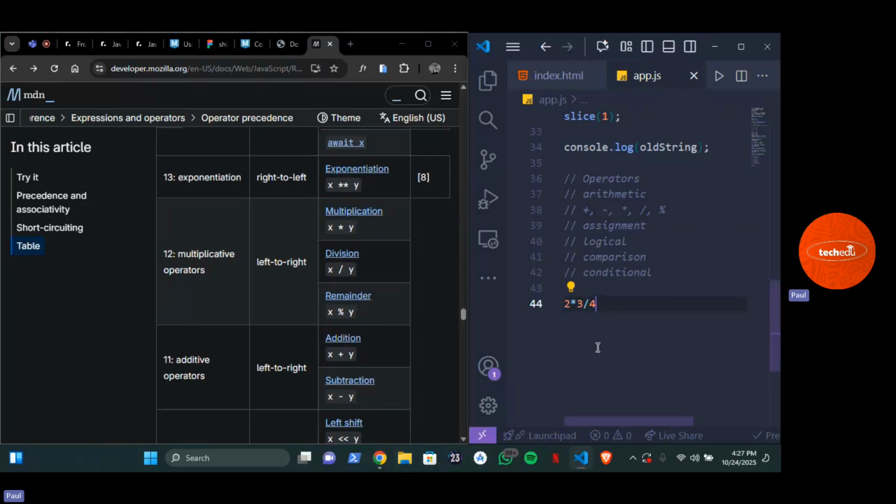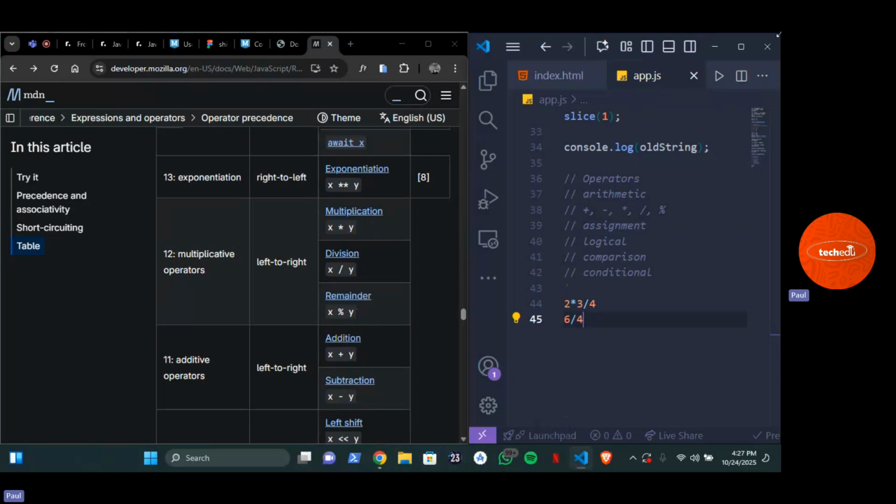So what am I saying? Right now you have 6 over 4. If you divide 6 by 2, that's 3. If you divide 4 by 2, that's 2. That's 3 over 2, and 3 over 2 is 1.5. So if you have 3 over 4 times 2, you will still get 1.5. Let me show you what I'm trying to say.